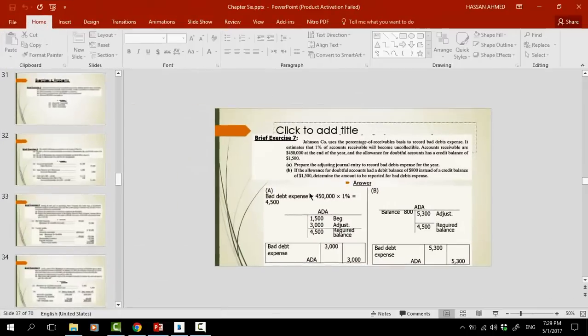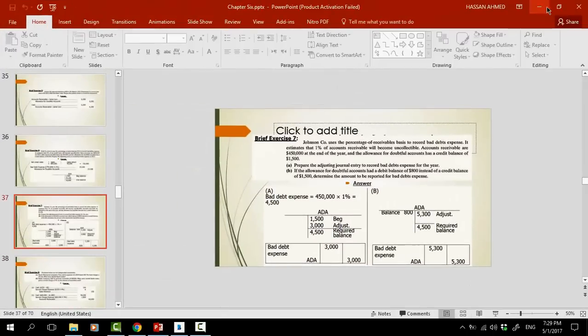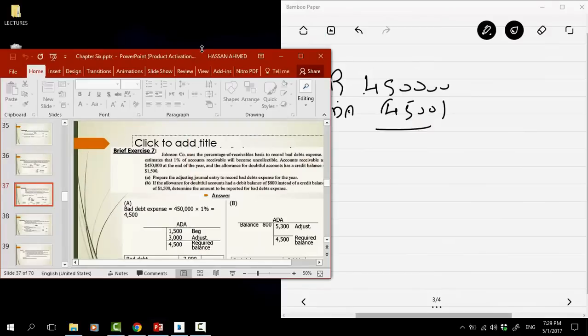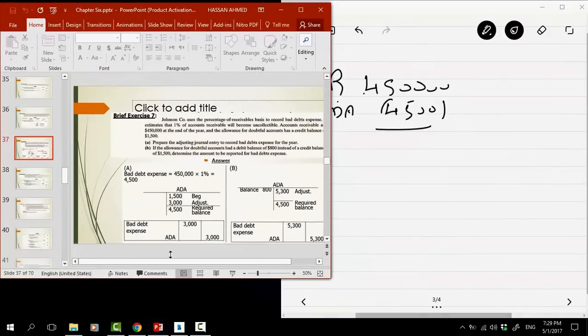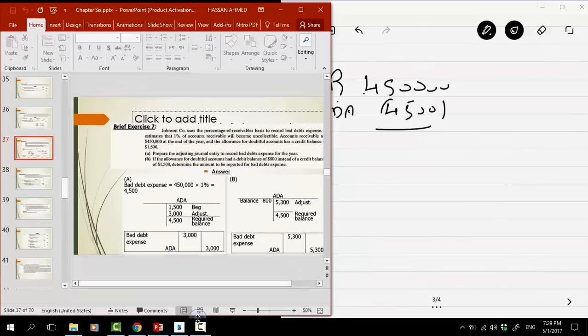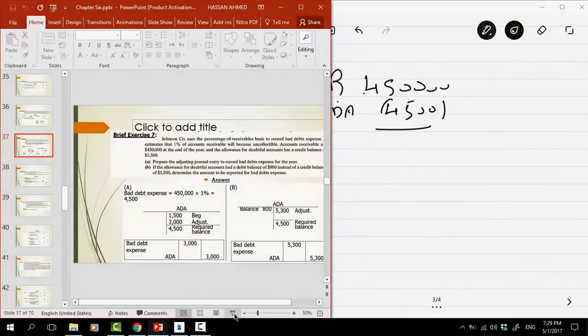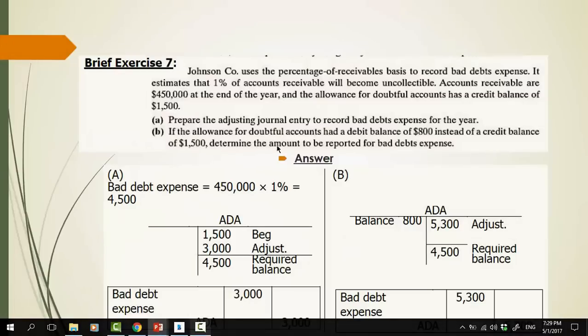Again, repeat the problem, but instead the ADA balance was on the debit side with 800, not 1,500. These are independent situations, meaning each problem has no relation to the other.